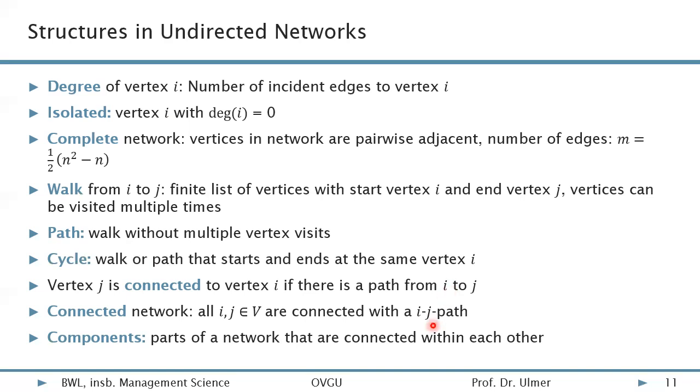Magdeburg and Mallorca are likely not connected over the road network, but over a different network. A connected network is then one where all vertices are connected via a path. And components in a network are parts that are connected with each other. So in a fully connected network, we only have one component, but we might have more components if the network is not connected.